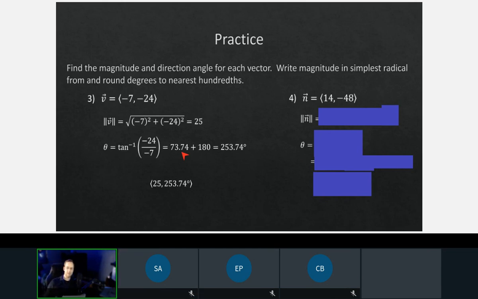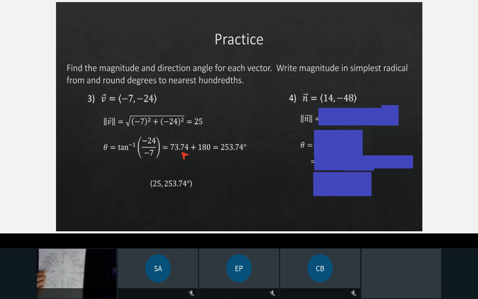It's loud. So you look at your unit circle. And remember, it goes from 0 degrees to 90 degrees to 180 to 270 to 360.